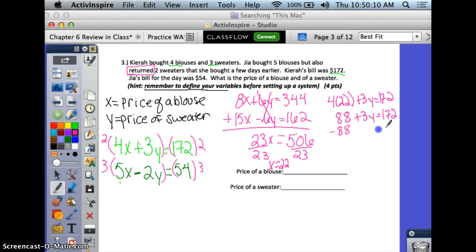Subtract 88, and you get 3y equals 172 minus 88, which is 84. Divide by 3, and y equals 28. So the price of a blouse, put your dollar sign, is $22, and the price of a sweater is $28. Make sure your dollar sign goes on the left.